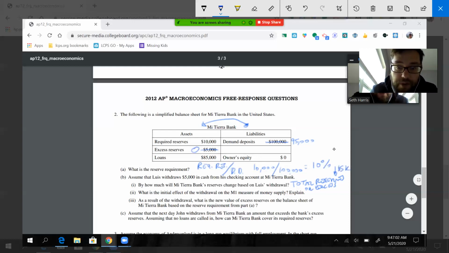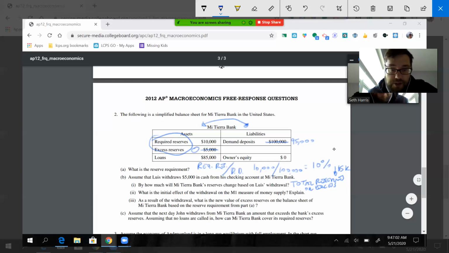That's what we did here: we reduced excess reserves by 5,000. You could also phrase it as total reserves, and that for sure decreased. What you can't say is anything about required reserves. Required reserves did not go down by $5,000 because we had to take it out of excess. So be careful about saying either total reserves or excess reserves were reduced by 5,000.